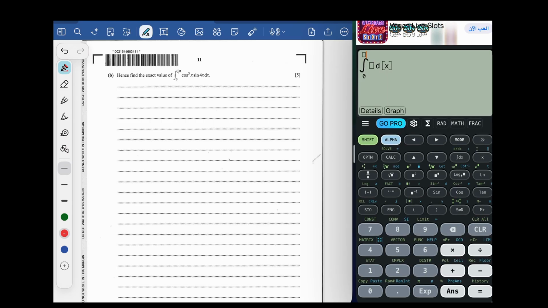So from 0 to pi by 4, cos cubed x sine 4x.